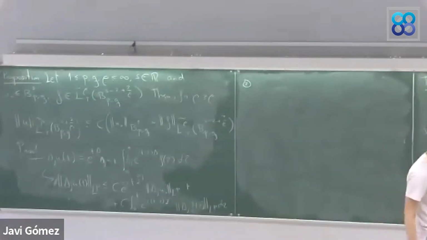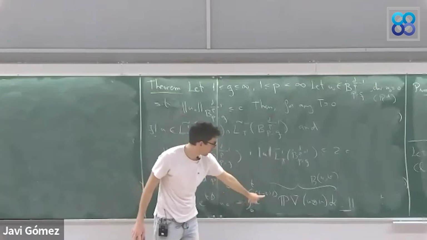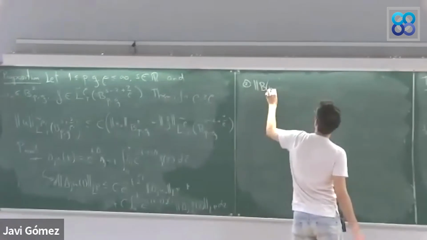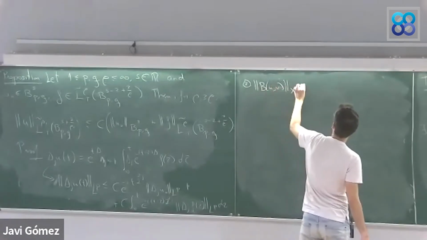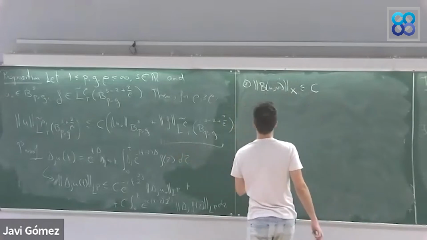Okay, well, the first part is just, again, using the X norm of the equation of B UV in X is less or equal, so now I'm using this part here.